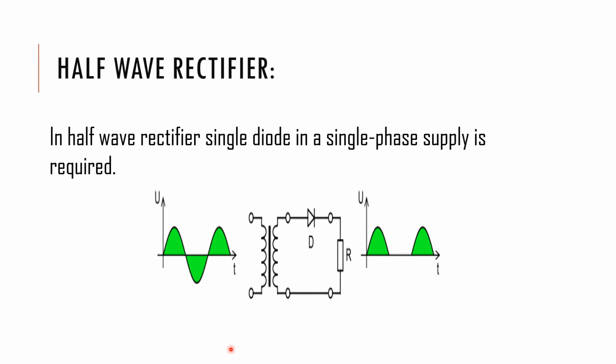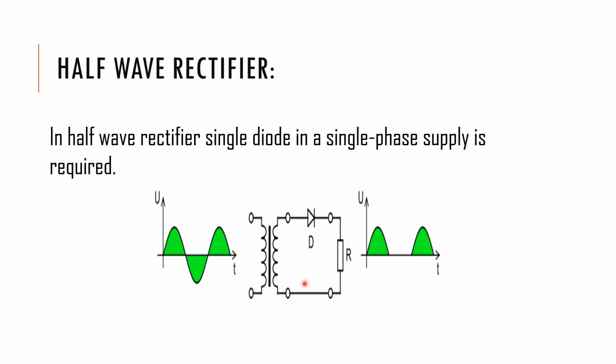So in this half wave rectifier, the single phase supply allows either the positive or the negative half of the AC wave to pass through this rectifier, and half of the wave is blocked.